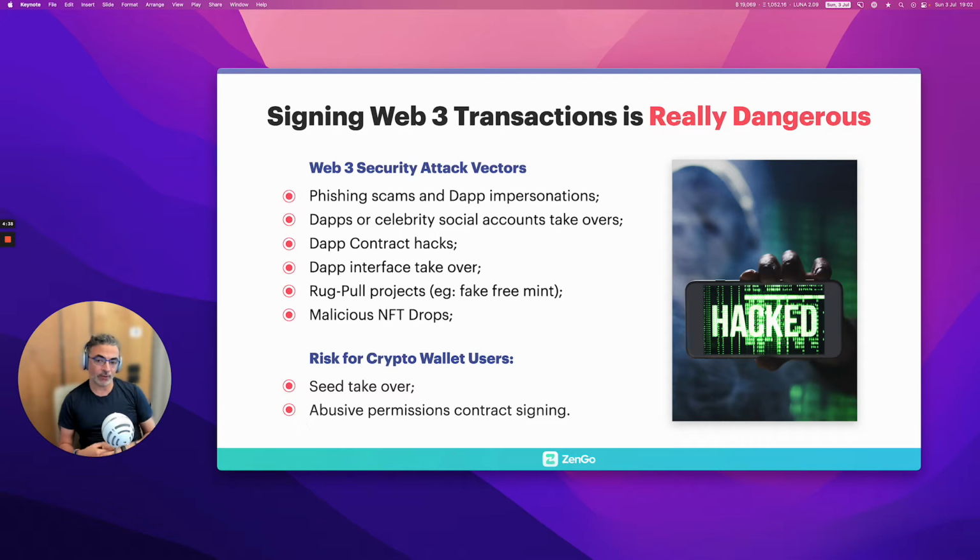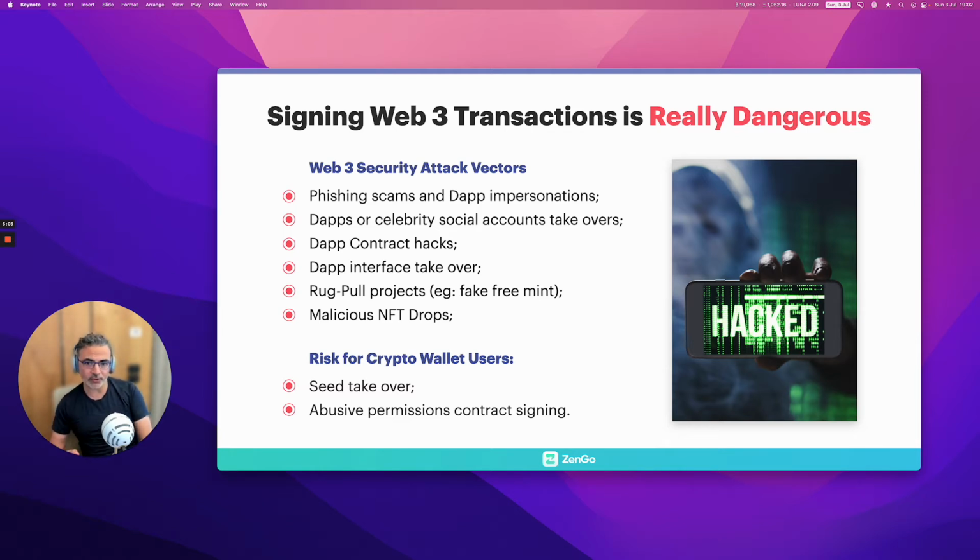And what also is true is that signing a Web3 transaction has become really, really dangerous, right? There are all sorts of Web3 attack vectors, where even by using the safest wallet, you can be scammed, and you can lose your funds, right? All sorts of phishing scams and Dapp impersonations.